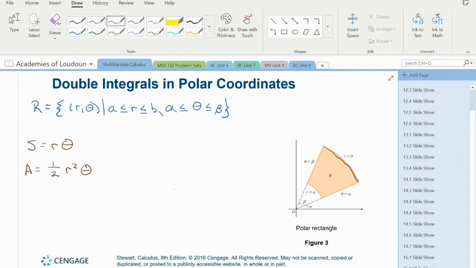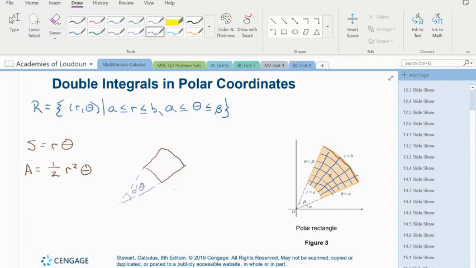Now, as we have done with Riemann sums and the double Riemann sums for double integrals, we're going to divide this up into a bunch of smaller rectangles. If we divide this into small enough ones, we can then assume that this actually is a rectangle. And this is d theta.